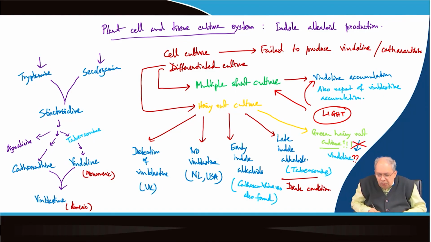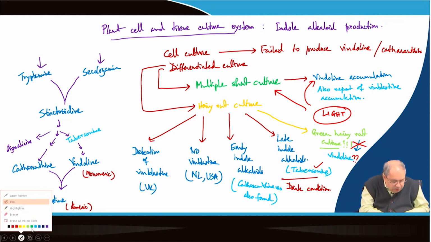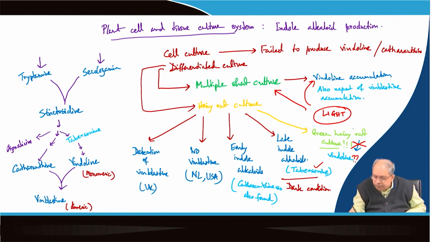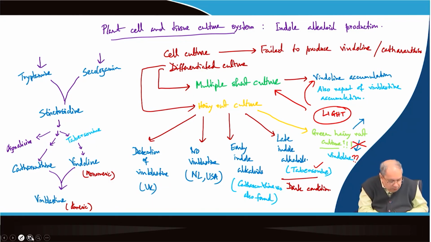When the normal hairy root cultures are grown in dark, as I said, they produce tabersonine, and then they checked what happens to tabersonine in the green hairy root culture. What they also found is that there is no tabersonine.